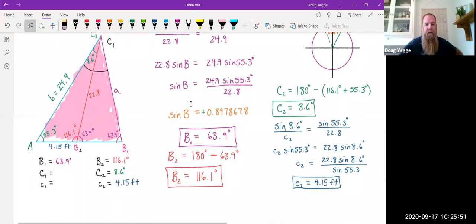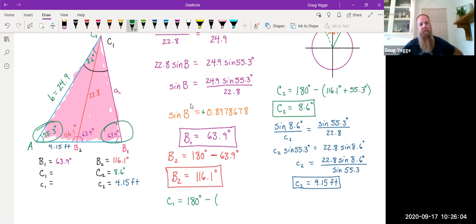So in order to first of all find C1, the angle, it is equal to 180 degrees minus this angle and this angle, which are the original angle A and the acute angle for side B, or angle B. So we have 55.3 degrees plus 63.9 degrees, which means that angle C1 is going to have the value of 60.8 degrees.